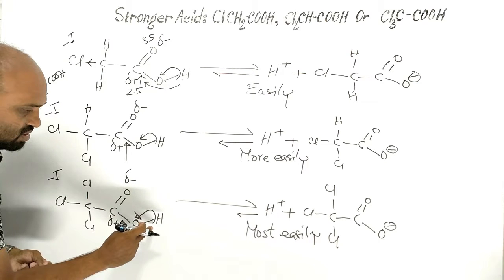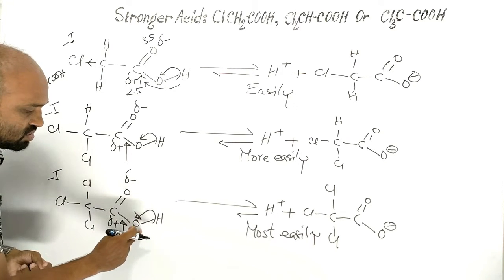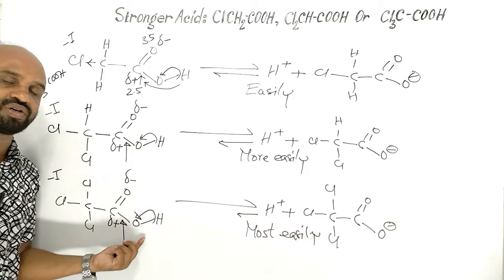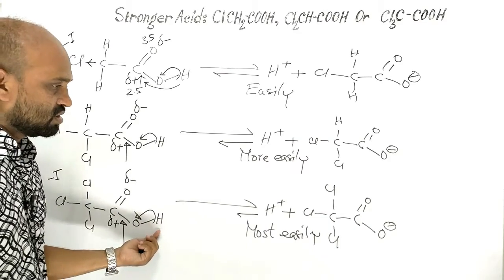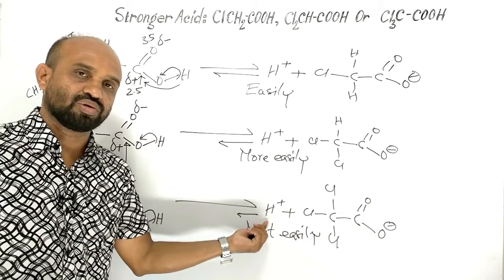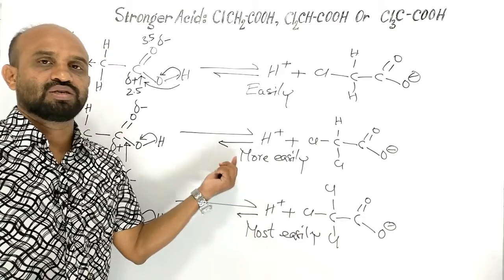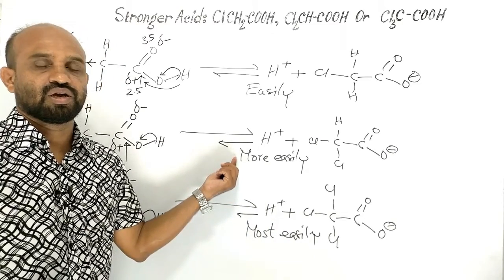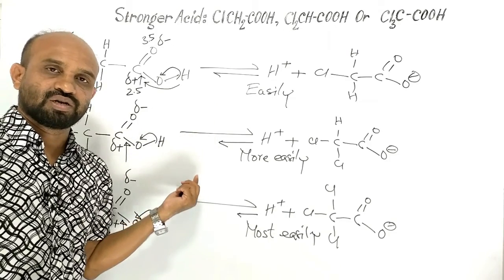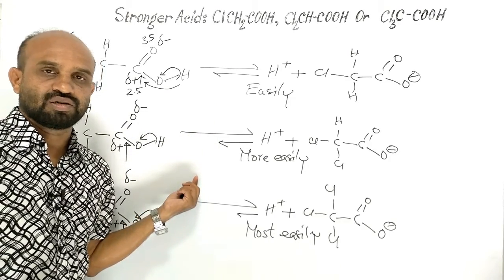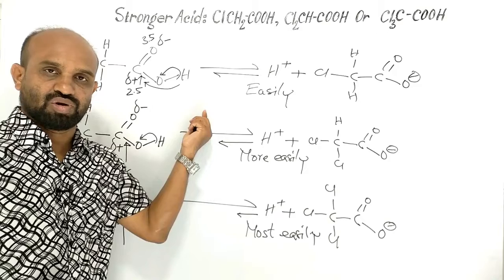That is why the oxygen-hydrogen bond undergoes heterolytic fission more easily. This hydrogen gets freed as a proton more easily than in the second acid and than in the first acid, that is, dichloroacetic acid and then monochloroacetic acid.